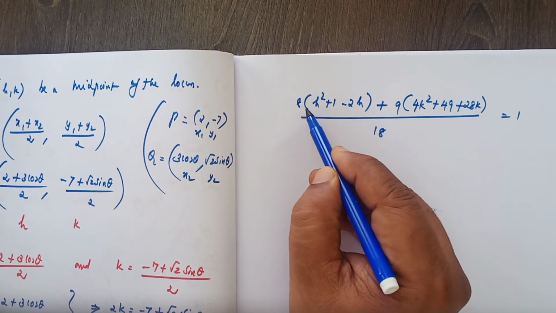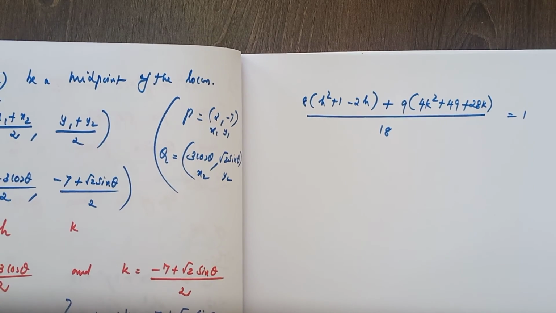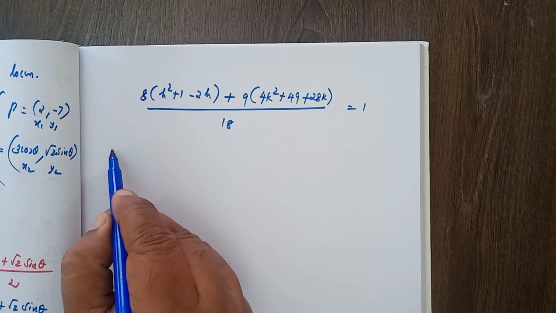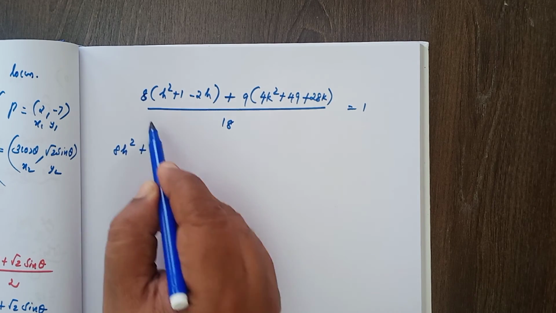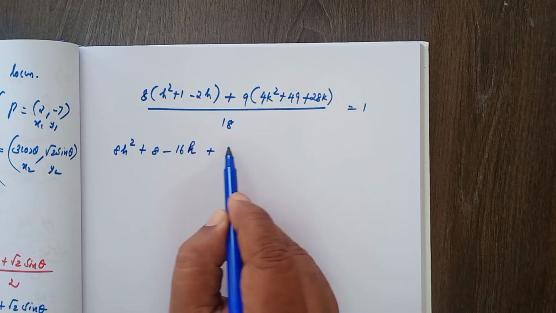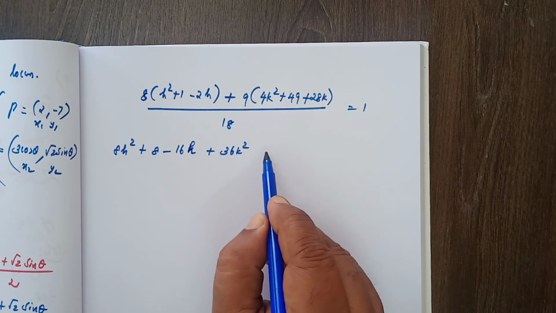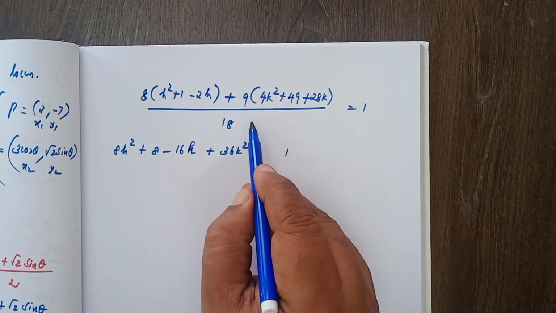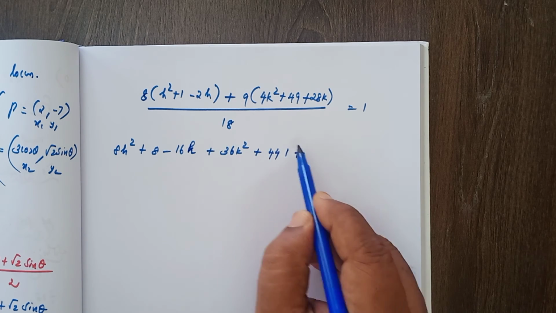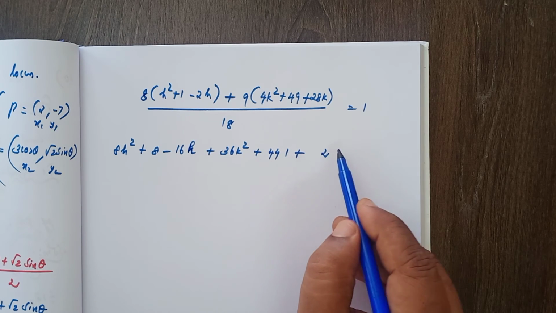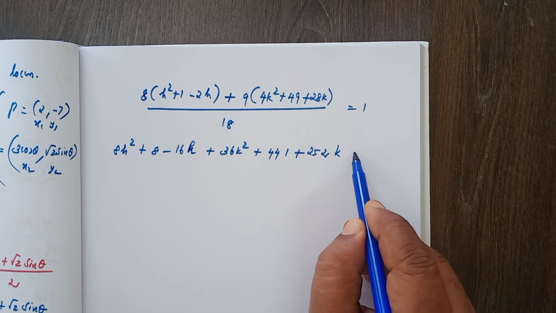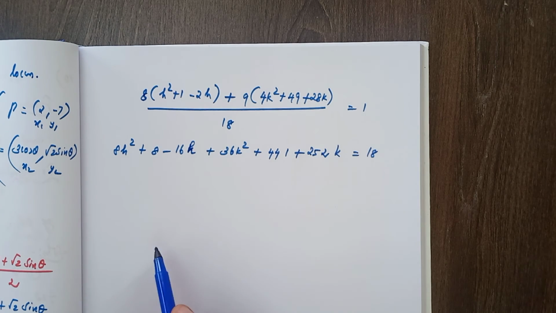Here 8, if we multiply you will be getting 8h square plus 8 1s are 8 minus 8 2s are 16h plus 9 4s are 36k square plus 9 9s are 81, balance 8. 9 4s are 36, 36 plus 8 is 44, plus 9 8s are 72, balance 7, 9 2s are 18 plus 7 is 25k, that is equal to, cross multiply, 18 1s are 18.